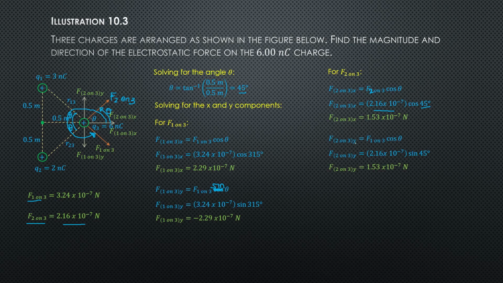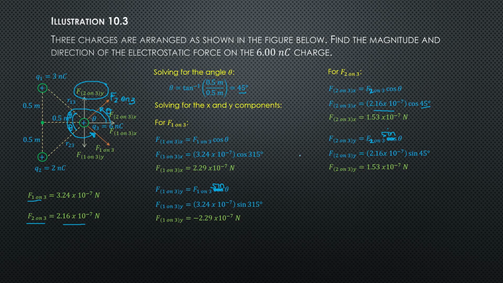Then for y, I forgot to change this to sine: 2.16 times 10 to the negative 7 times sine 45 degrees equals 1.53 times 10 to the negative 7, positive, directed upward. So the x and y components are already solved.